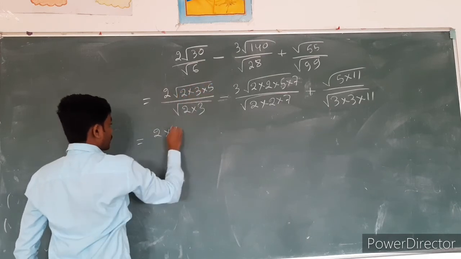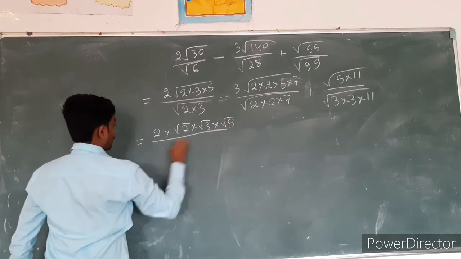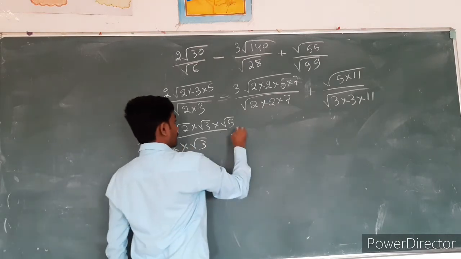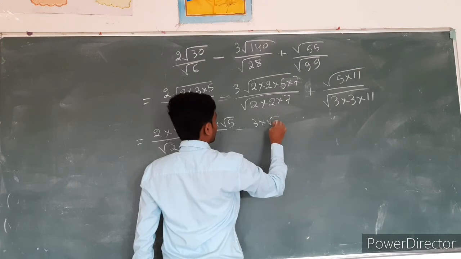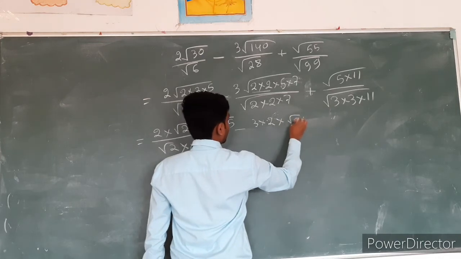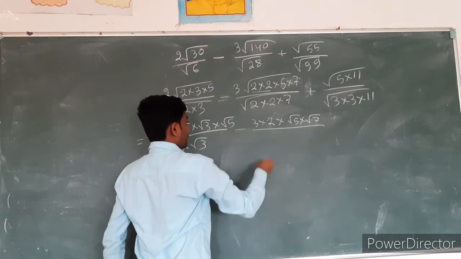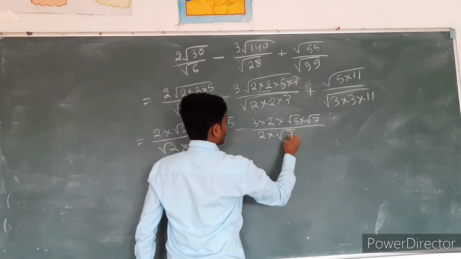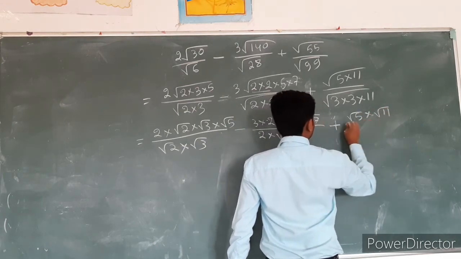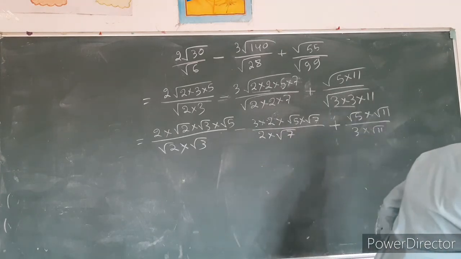Under root a into b into c is equal to under root a into under root b into under root c. Root 5 into root 7 by 2 into root 7, plus root 5 into root 11 by 3 into root 11.